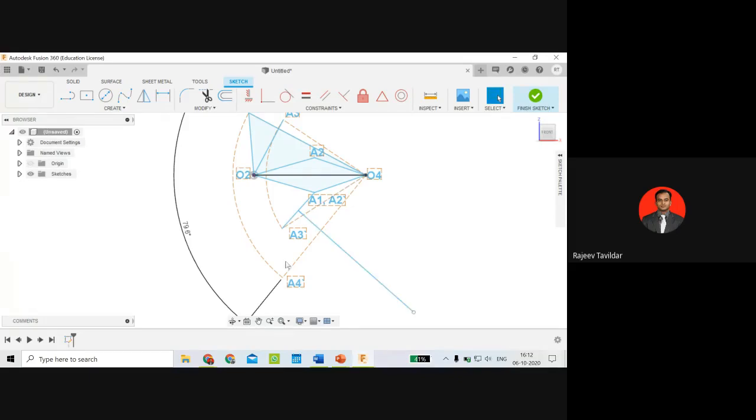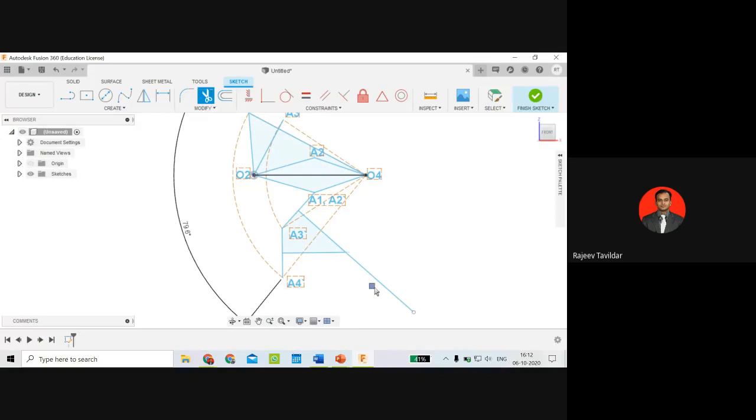The next step, I'll draw one more line for A3 dash and A4 dash and I'll draw mid normal for this until it intersects our previously drawn line. You can see it will intersect here.